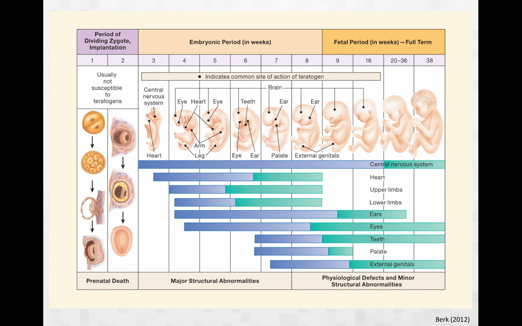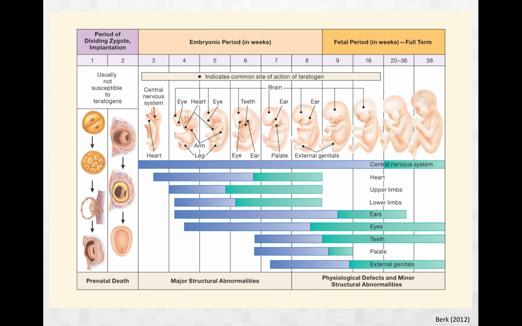But before going ahead, I wanted to just show you this little chart here about the time period of development for when different major structures are being developed. And so, what we know is that exposure to teratogens, particularly very early, between weeks 3, 4, 5, and 6, during the embryonic period, is usually very detrimental and may lead to major structural abnormalities for a child.